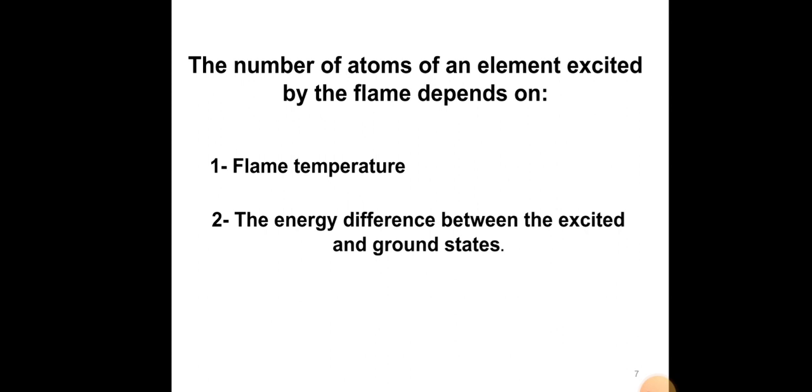The number of atoms of an element excited by the flame depends on flame temperature and the energy difference between the excited and ground state. Or we can say it depends on the element type, because some elements need less energy to be excited or to be atomized, but some of them need more energy.